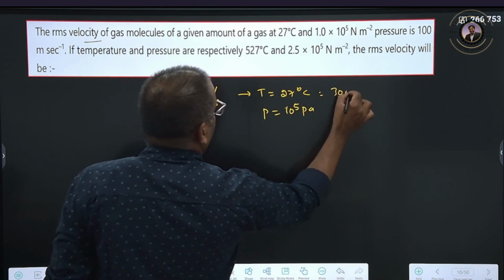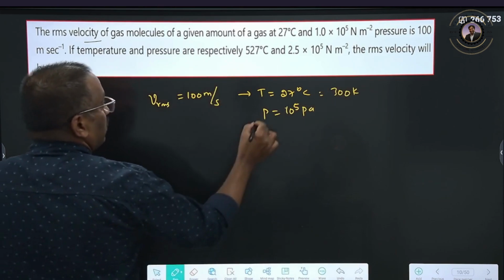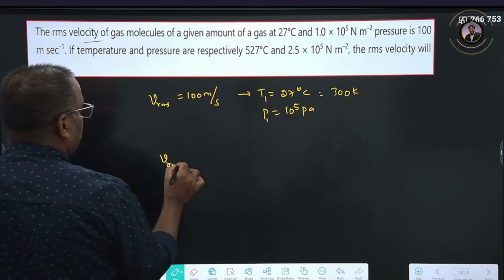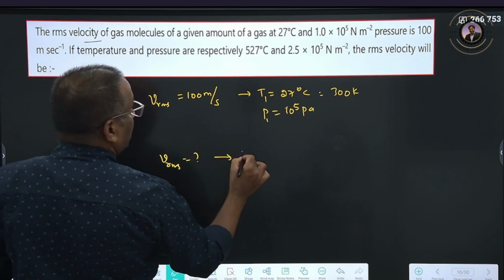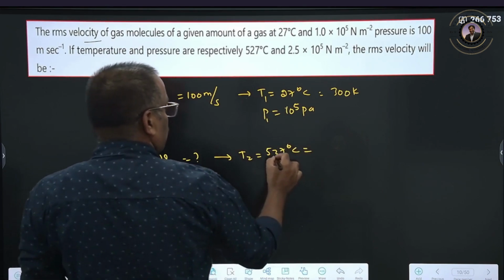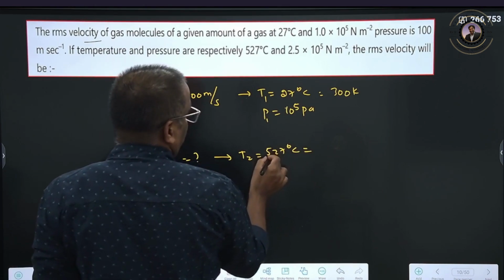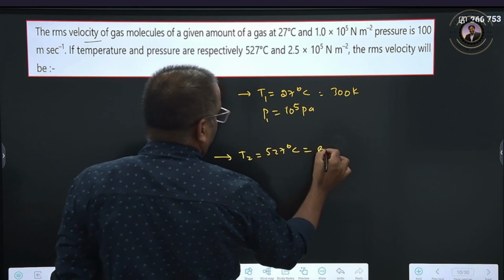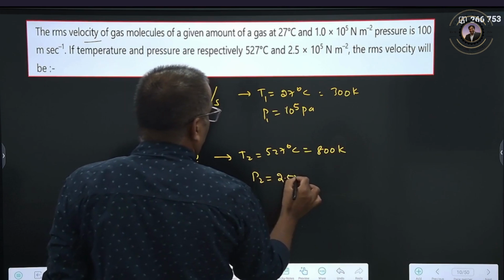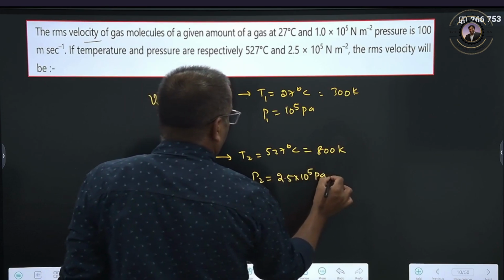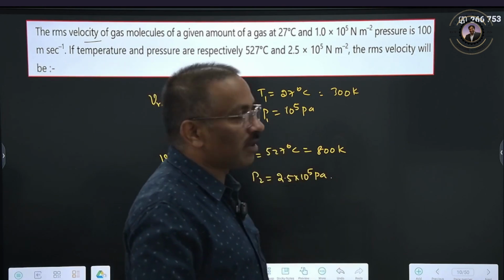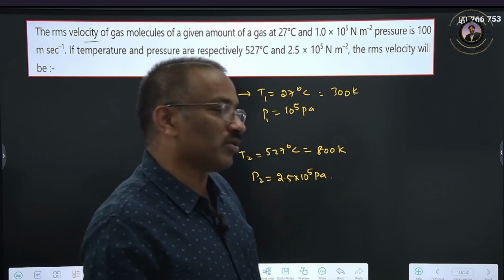Therefore it is 300 Kelvin, the initial temperature and pressure. What will be the RMS speed when the temperature T2 is 527 degrees centigrade, so 800 Kelvin, and the pressure P2 is 2.5 into 10 to the power of 5 Pascal? Most students will use different formulas.